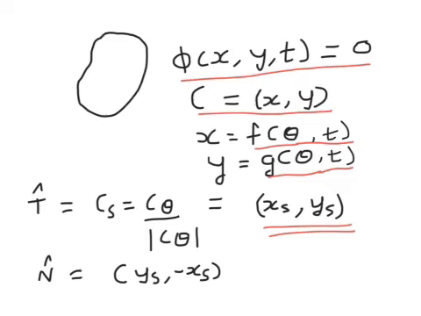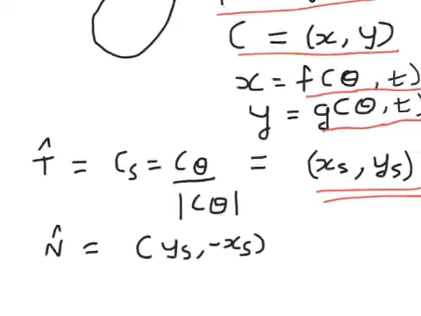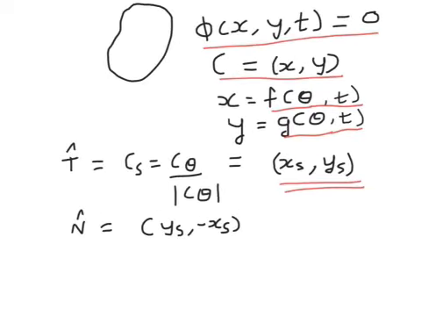These definitions are still true even in level sets, because when we do this we basically hold t constant, and then x and y become functions of theta, and that way we have these definitions for the tangent and the normal.